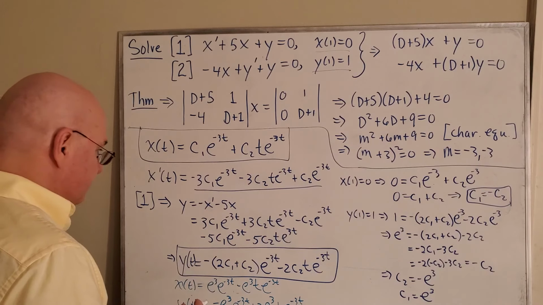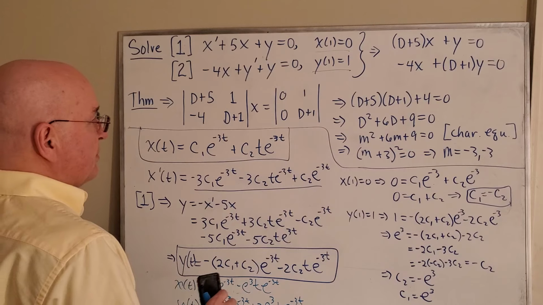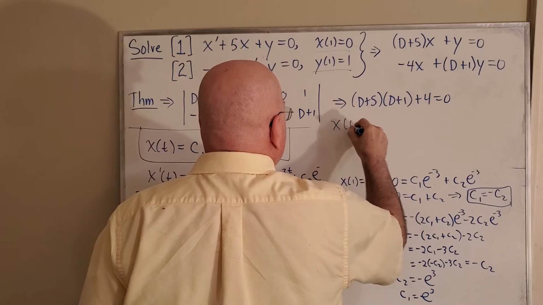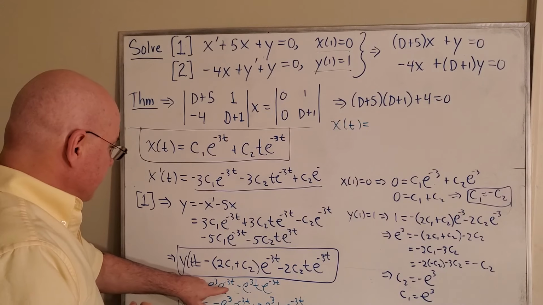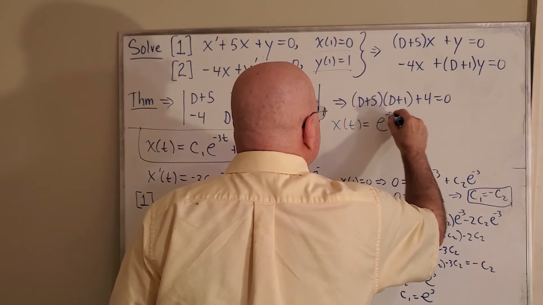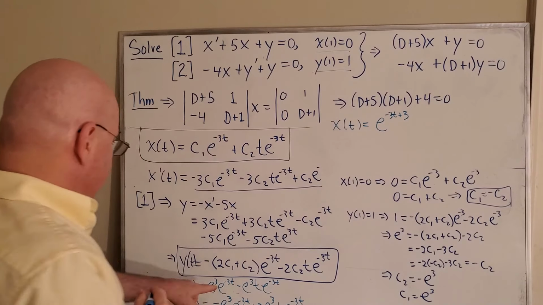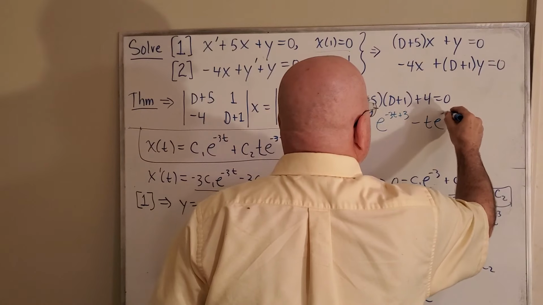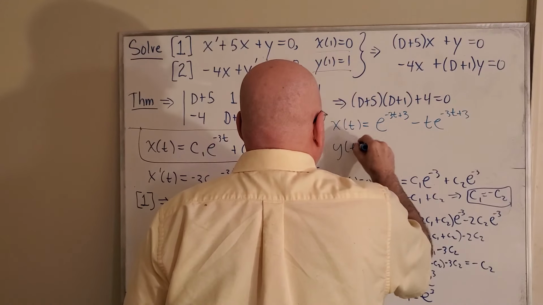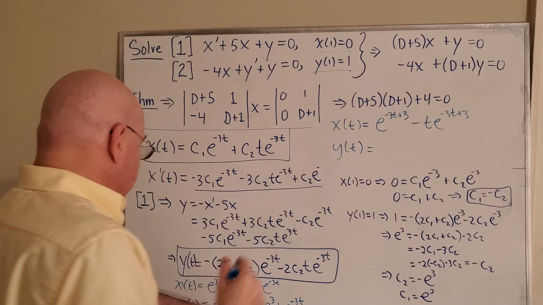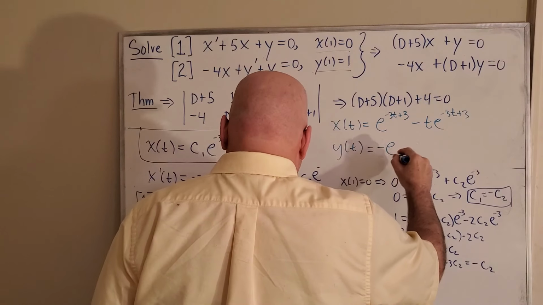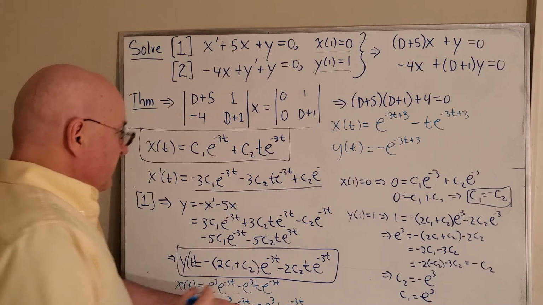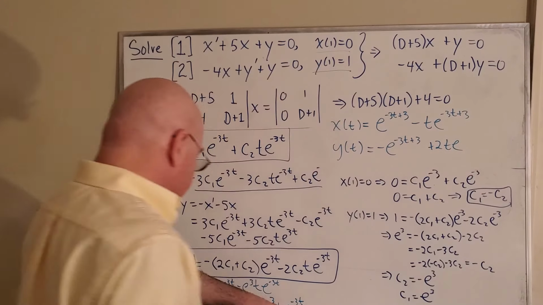So final answer, let me erase something over here. x of t is equal to e raised to the negative 3t plus 3 minus t e to the negative 3t plus 3, and y of t is negative e to the negative 3t plus 3 plus 2t e to the negative 3t plus 3.